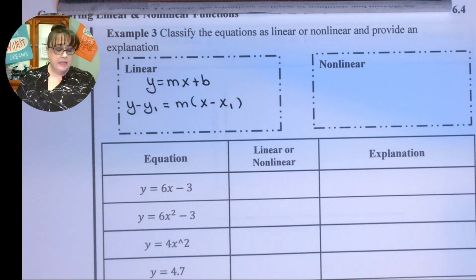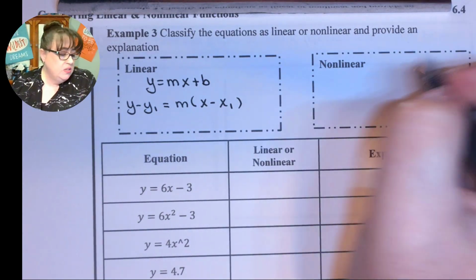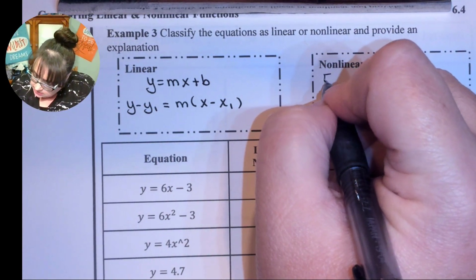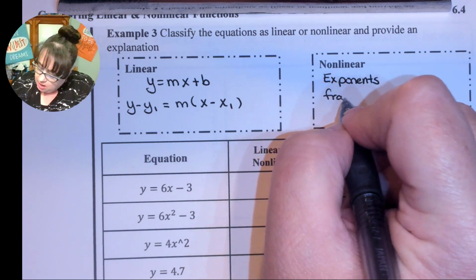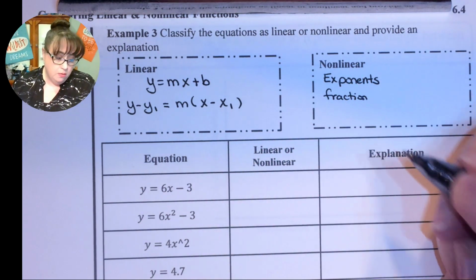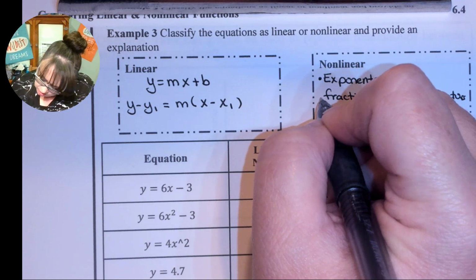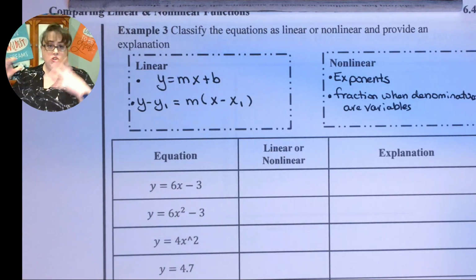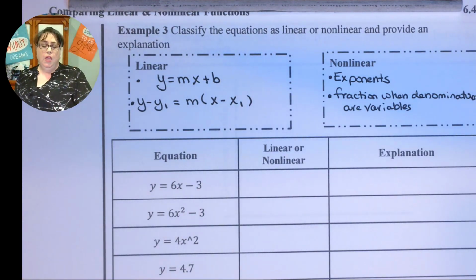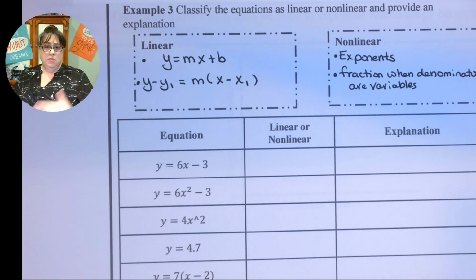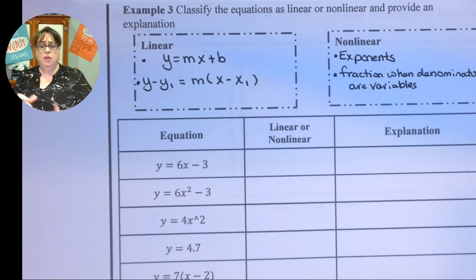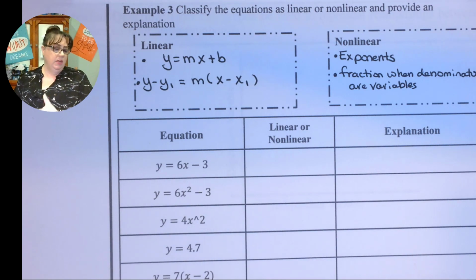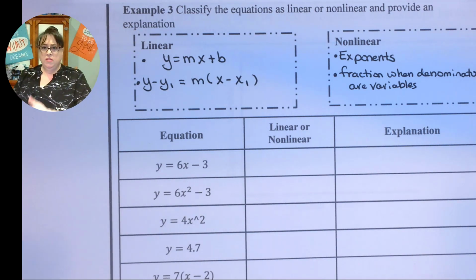We've used them in the past. Nonlinear is when you end up with exponents, or fractions when the denominators are variables. Those are your two biggies for each one. What we're going to do is go through this list and talk about which ones are linear, nonlinear, and their reason why. So usually it falls into one of those four reasons why.